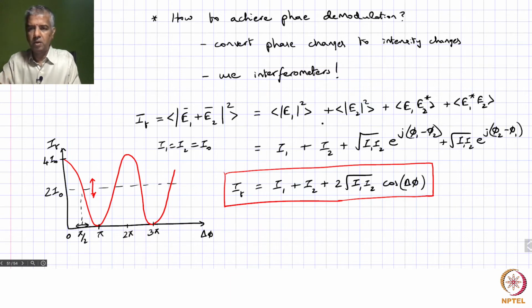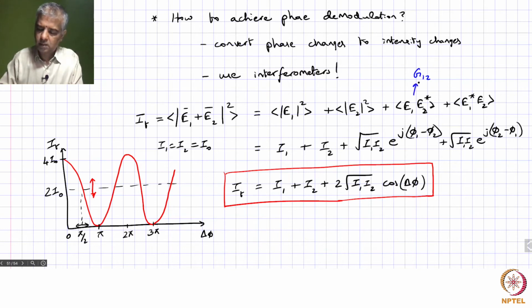And when we talk about beating of the two waves, this beating corresponds to what is called the mutual coherence function. So this is G12, and similarly this can be called G21, or you can just call it G12 conjugate.